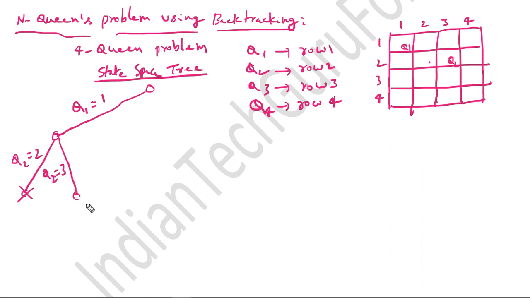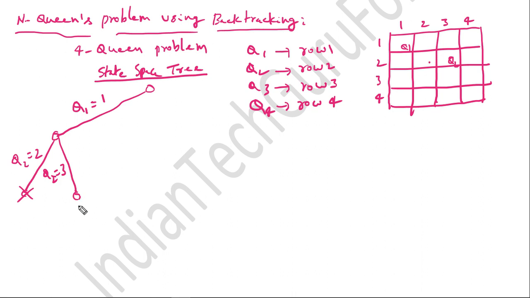Now we need to find the location for q3. The first location is already taken by q1 and the third location by q2, so we could not place q3 in the first or third location, because it would be in the same column.